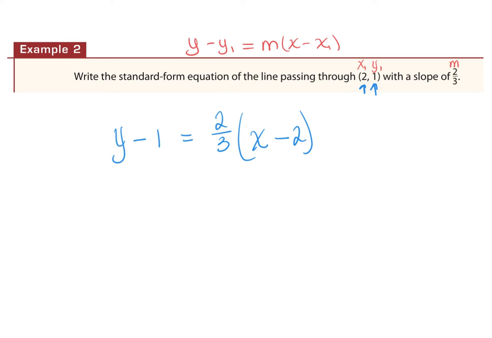All right? What's my first step here on that right side? What do I need to do? Multiply. Yeah, I need to distribute through. 2/3 times x, 2/3 times negative 2. All right? And then what's my final step to get y by itself? Add 1. Yeah, so I'm going to add 1.